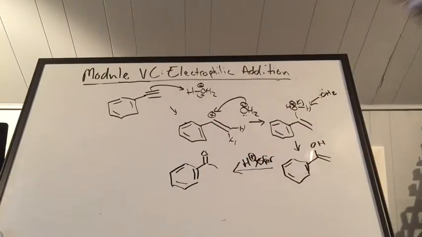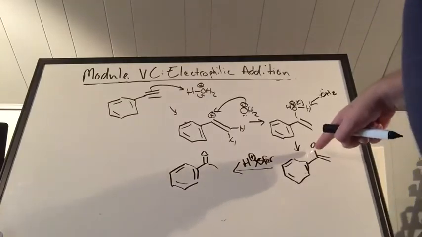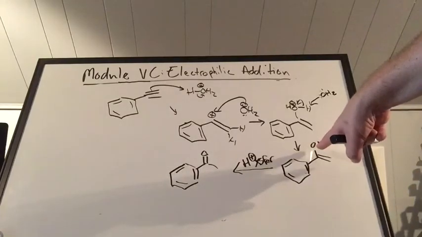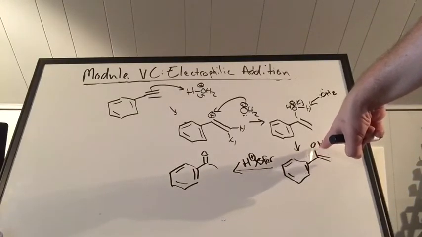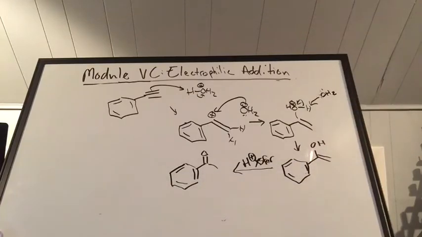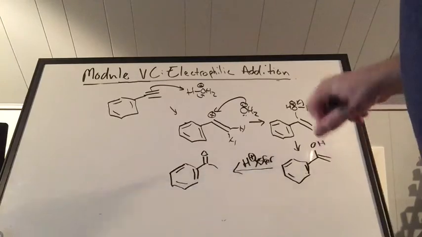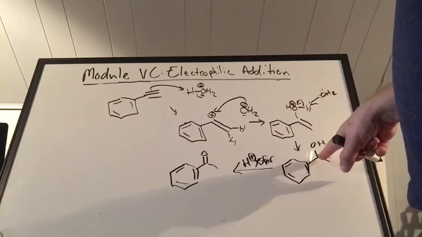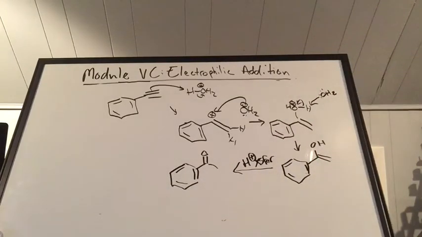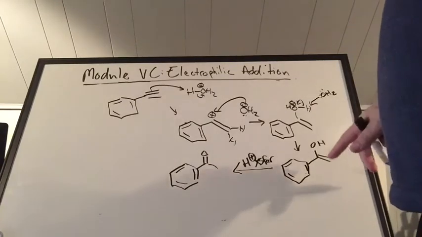Now you think, well, why doesn't it just do a second OH group right here, or add a second OH group here? Well, that's going to be an issue, because if you have two oxygens about a carbon, it's going to be really unstable unless one of them is doubly bound.